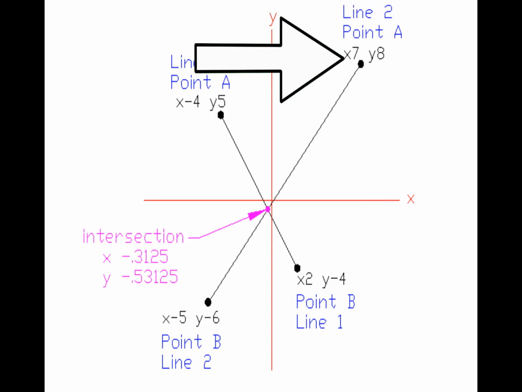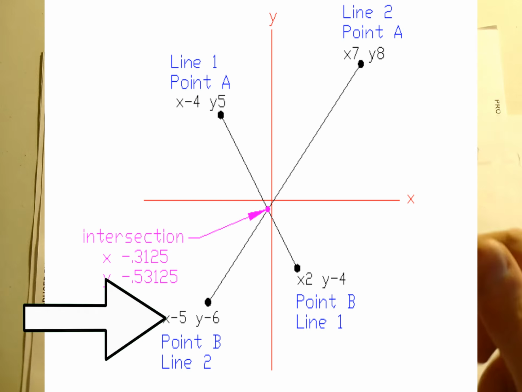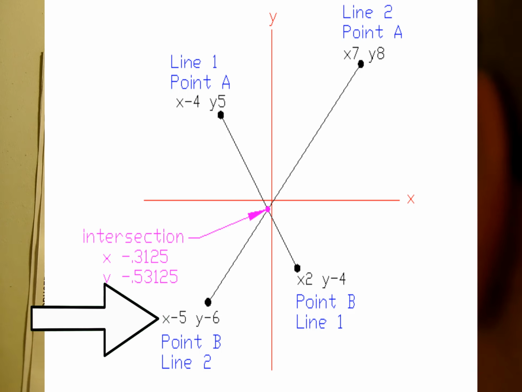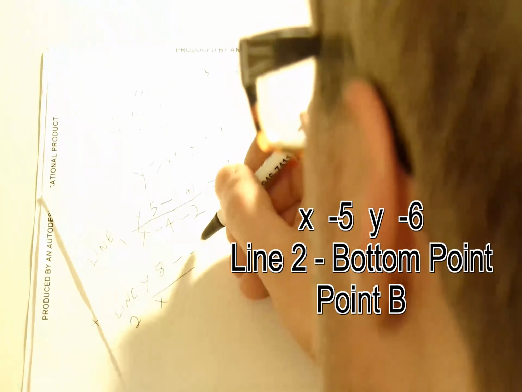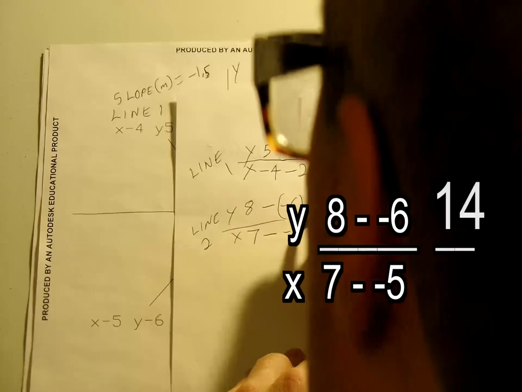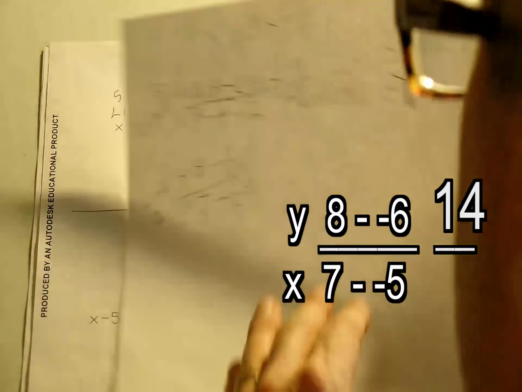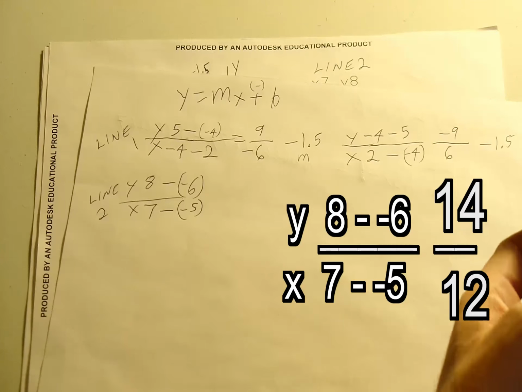And again, for point A, we have an x of 7, and at point B, we have an x of negative 5. So let's put that into an equation. 8 minus negative 6 is 14. 7 minus negative 5 is 12. 14 divided by 12 will give the slope of line 2.